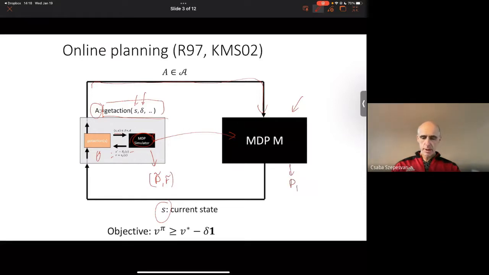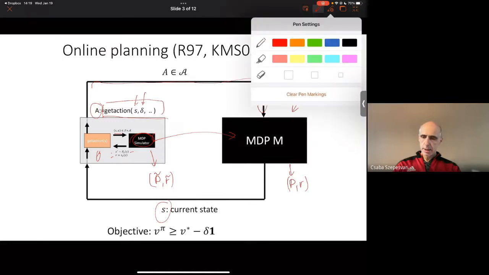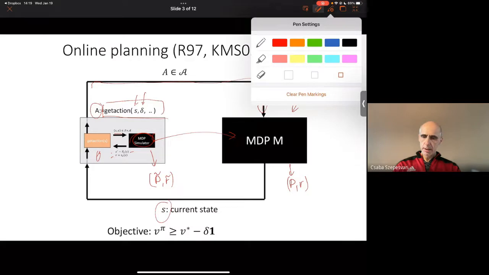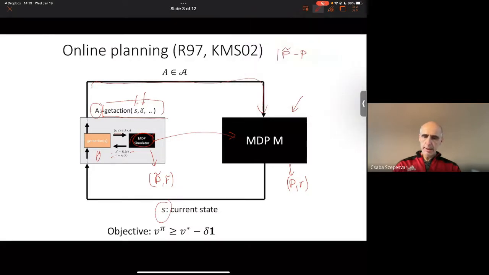The real world is P and R. Now we can say that if P tilde would be close to P in some sense, and R tilde would be close to R, so let's say the maximum of these two differences in some norm is small.